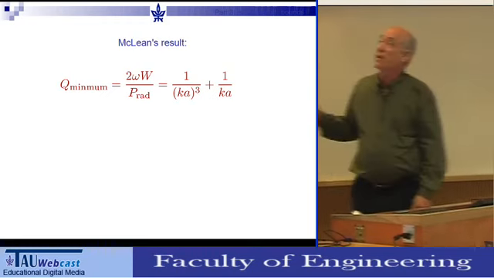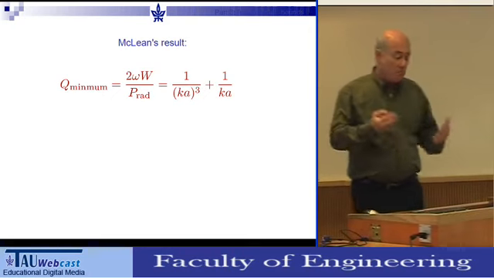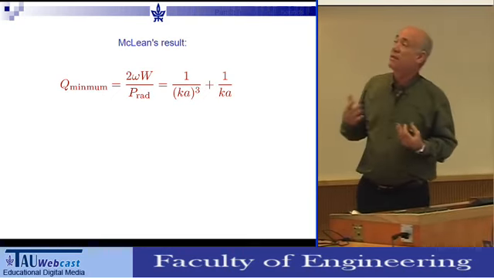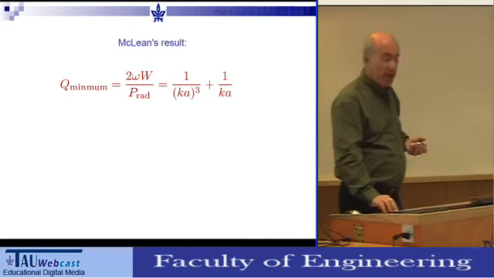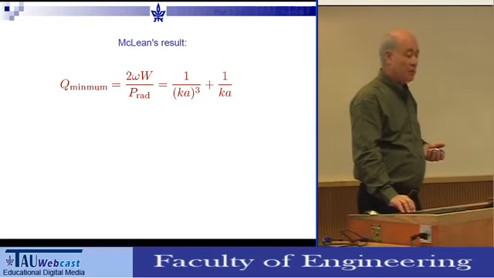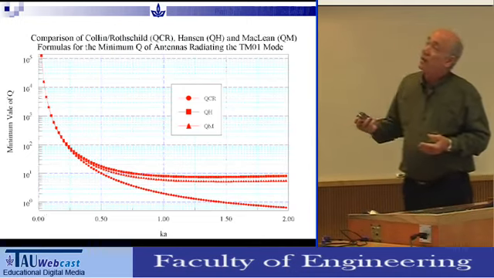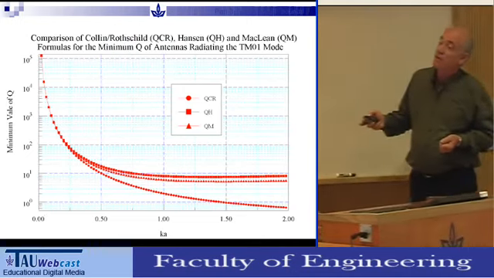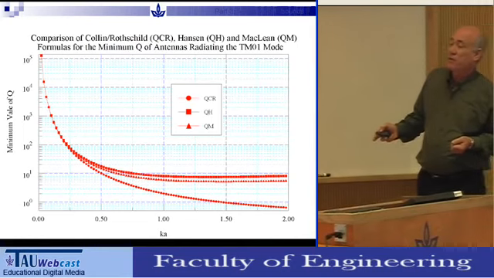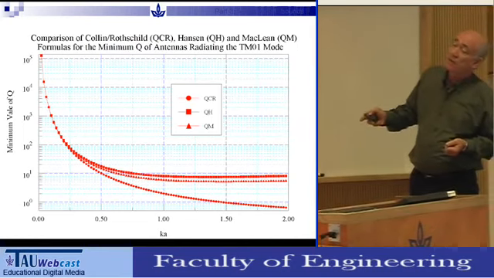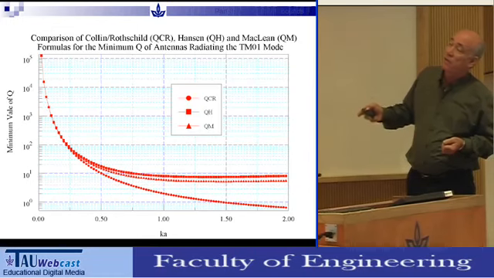And now people are trying to modify and adapt this limit to reality, and when you realize antennas, people are trying to get as close as possible to the limit. This is a comparison between computations of Qs versus the radius of the sphere that I was talking about. When the antenna becomes very small, they all converge to something very similar.